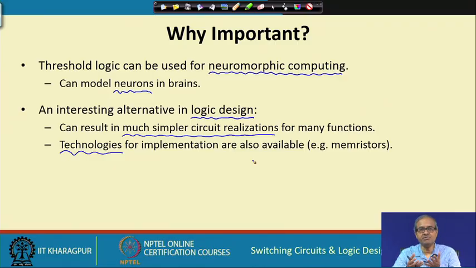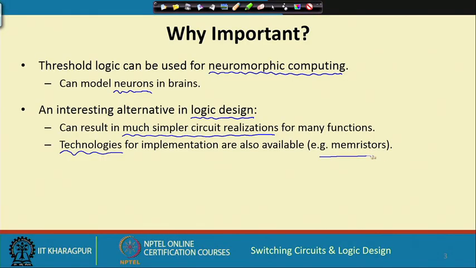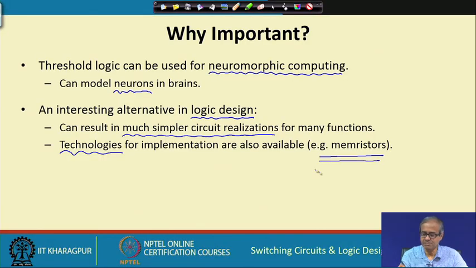Earlier the technology was not available, that is why people did not build circuits using threshold gates, but today people are thinking about building them. For example, we talked about memristors earlier. Using memristors, people are working very actively towards building such threshold logic gates, with applications in neuromorphic computing. Fine.